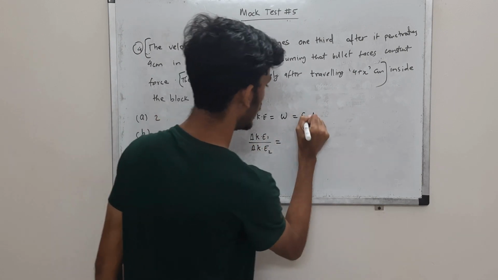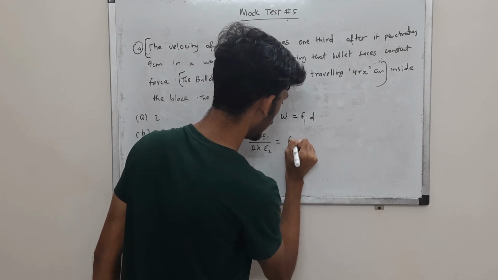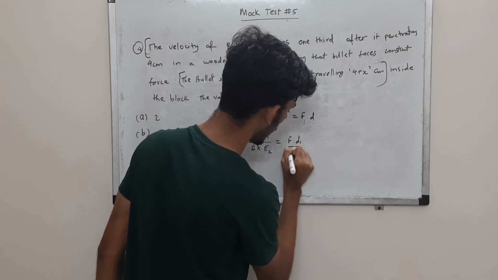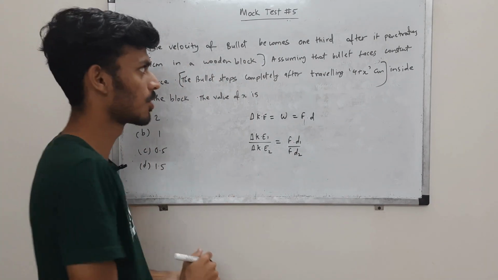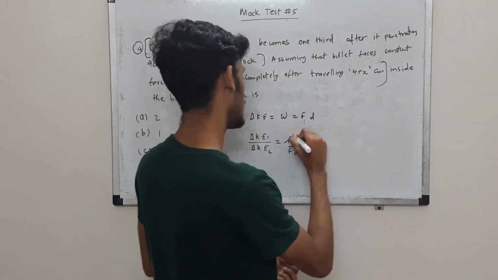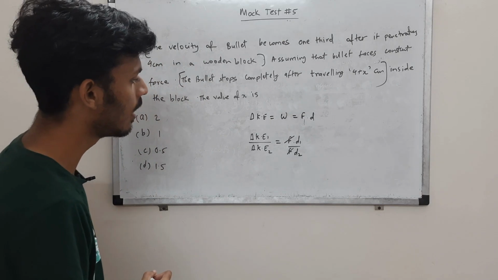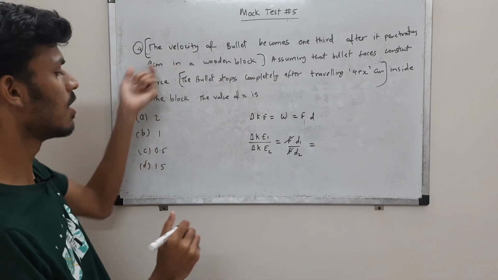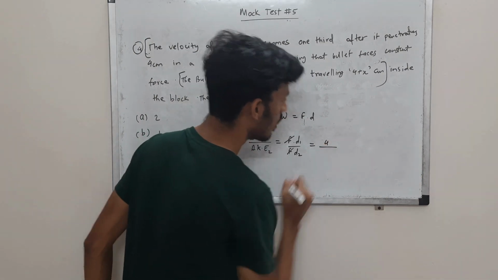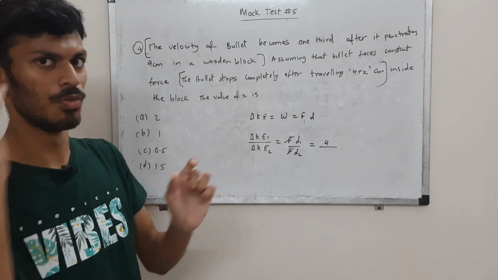So you can write it as F1 D1, but the force is constant, we know that, right? So no need of writing F1 and F2. The force it is facing is constant, so you can cancel that. So D1, the distance it travels in the first journey, is 4 centimeters. D2 is the entire journey, 4 plus x.